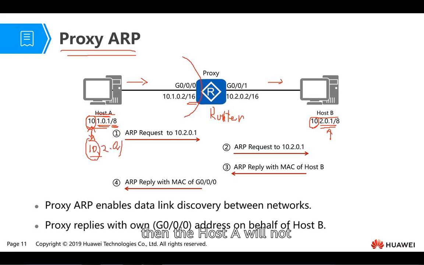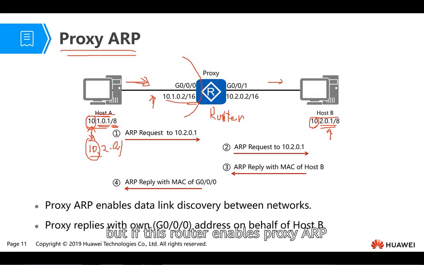So host A will not send a packet to the gateway, but just send an ARP request in the same network. But in this scenario, host A and host B are not in one network, so host B cannot receive it.